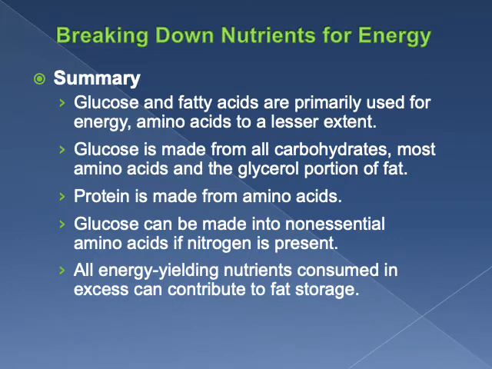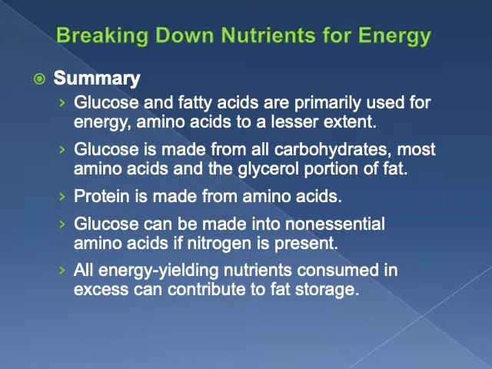In summary, glucose and fatty acids are primarily used for energy, and amino acids are to a lesser extent, but remember, we want to keep those from being utilized for energy as much as possible so they can be used for other important functions in the body. Glucose is made from all carbohydrates and most amino acids and the glycerol portion of fat.